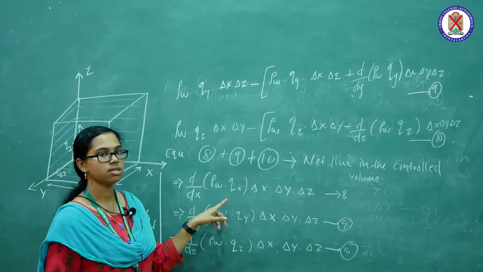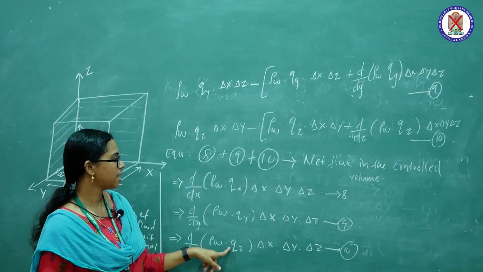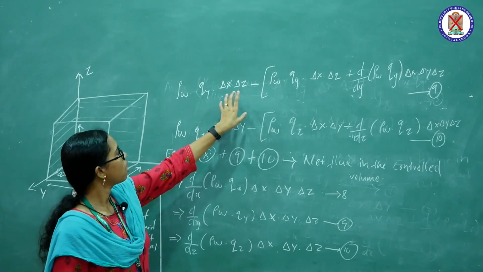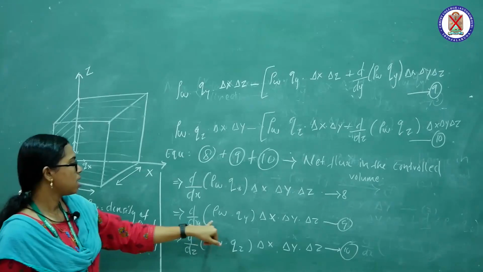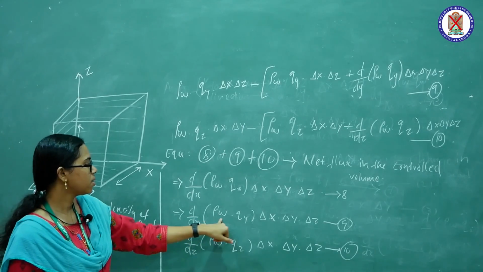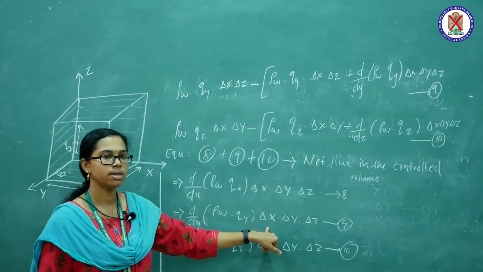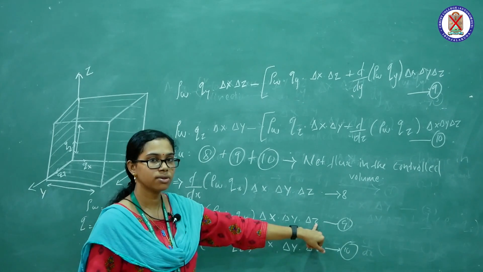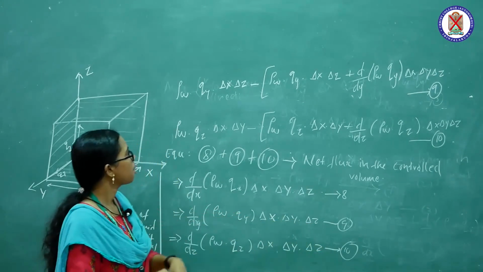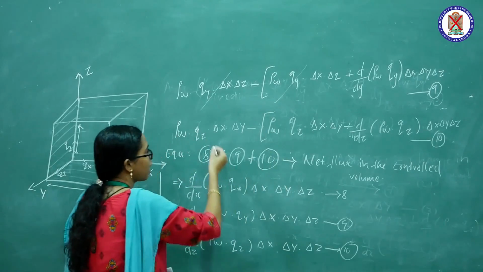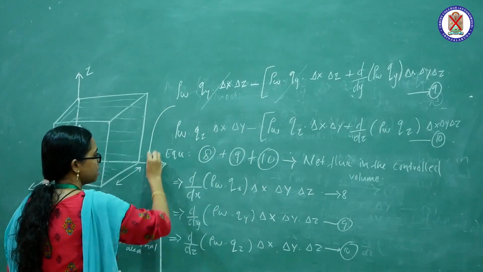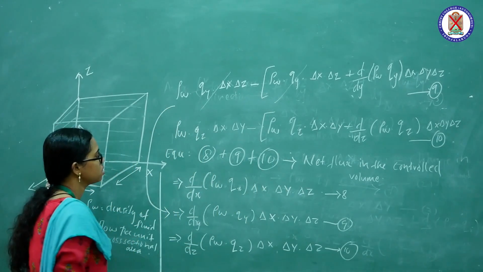These equations, that is number 8, 9 and 10, are the simplified form of the earlier equations. For example, d by dy of rho w into qy into delta x into delta y into delta z is obtained by cancelling out these two terms.